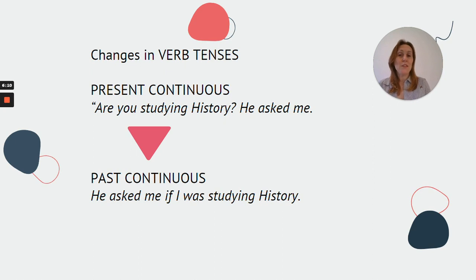Present continuous changes into past continuous. "Are you studying history?" He asked me. He asked me if I was studying history. So again, we take a look at all the changes, like the question mark disappears, the tense changes from present continuous to past continuous, and the word order in general.